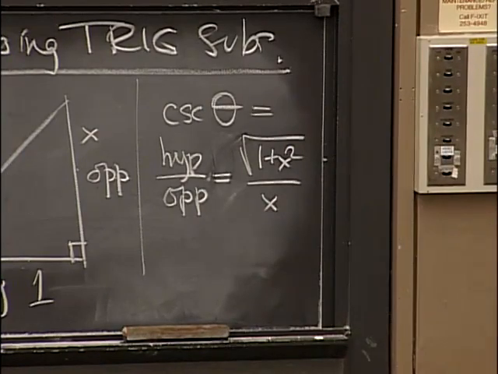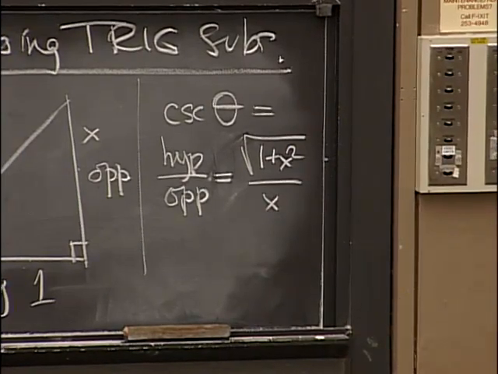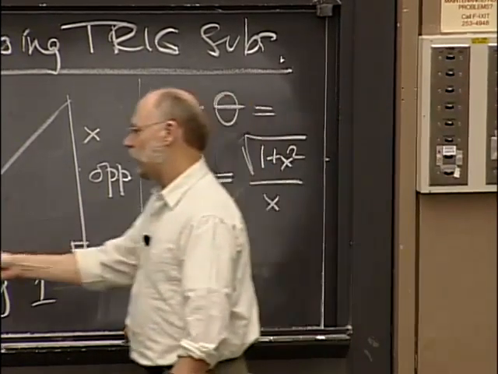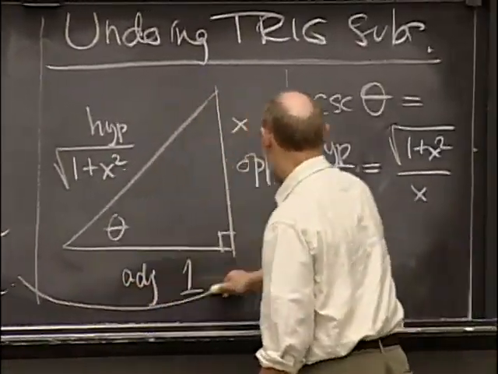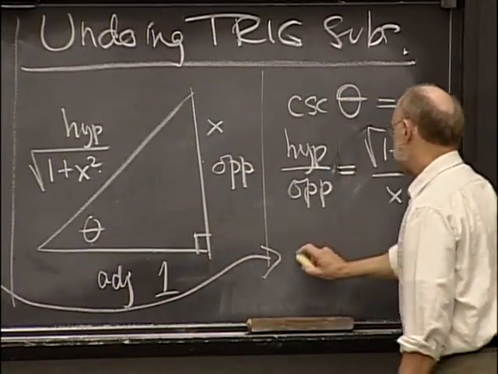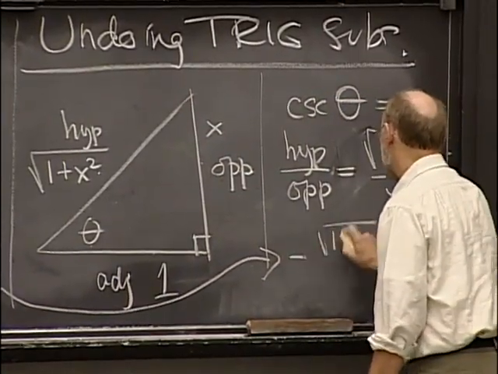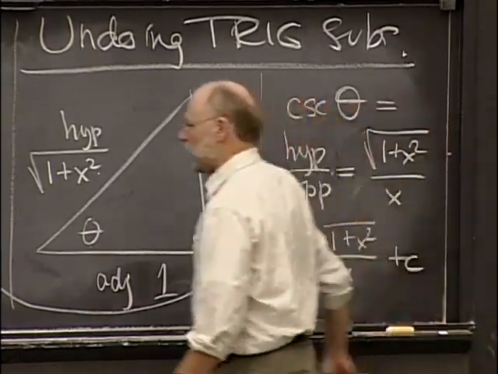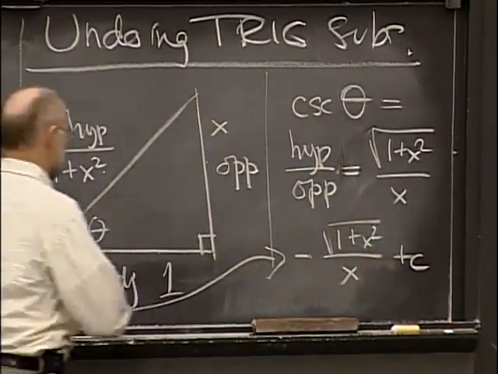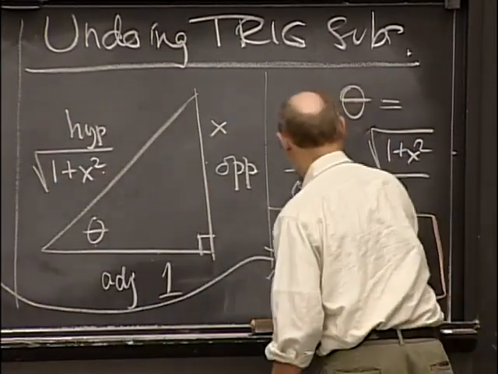And so I've done it. I've undone the trig substitution. I've figured out what this cosecant of theta is in terms of x. And so the final answer is minus the square root of 1 plus x squared over x plus a constant. And there's an answer to the original problem.